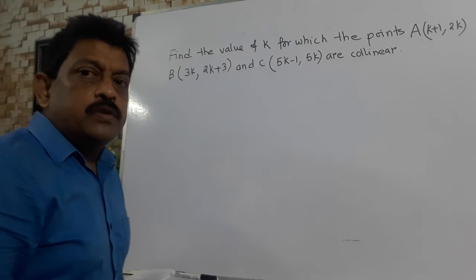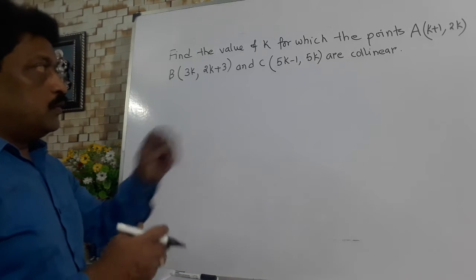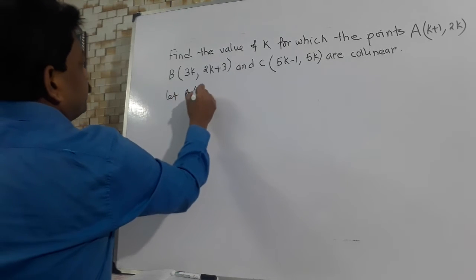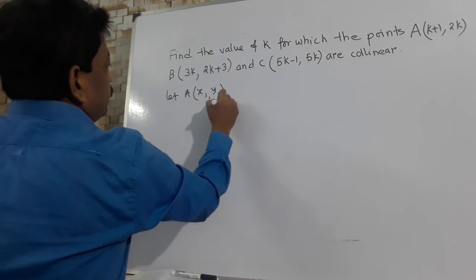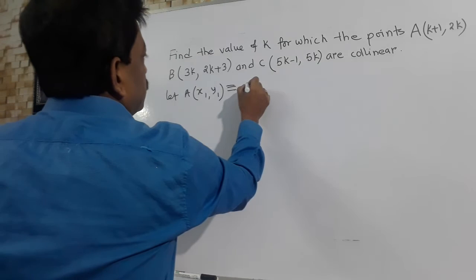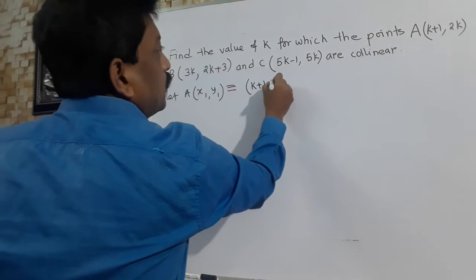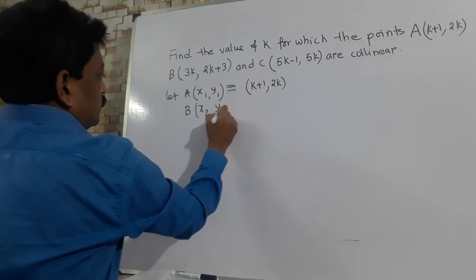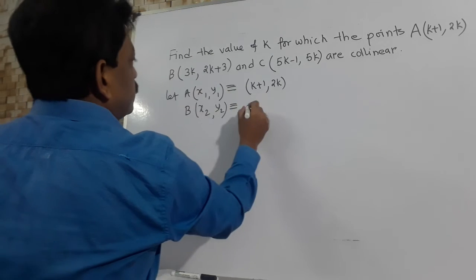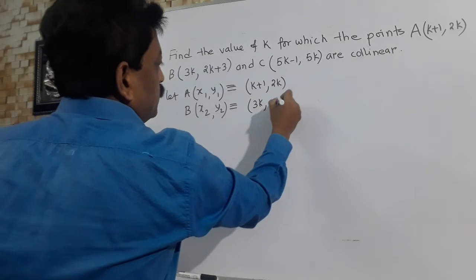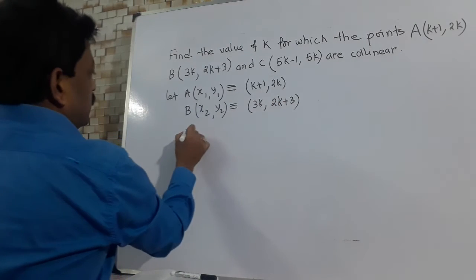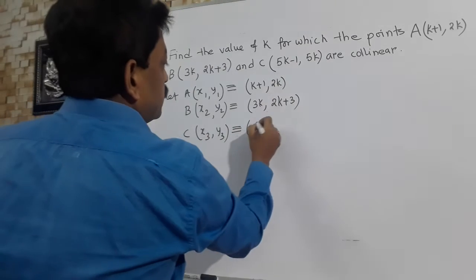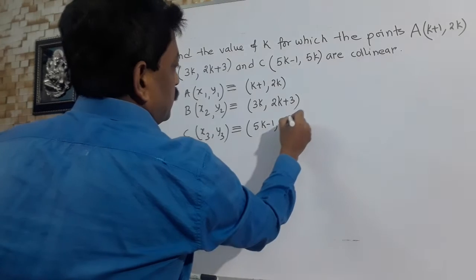So we are going to use the formula for the area of a triangle. Let A be x1 y1, which is given as k plus 1, 2k; B x2 y2, which is 3k, 2k plus 3; and C x3 y3, which is 5k minus 1, 5k.